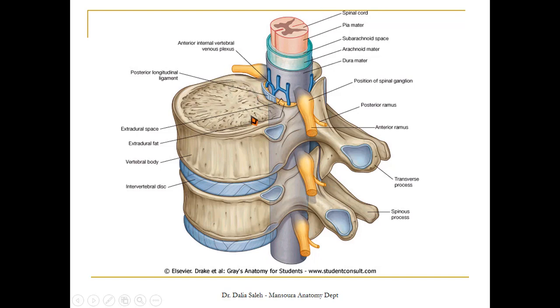So again, this is the final look of the spinal cord and the tissue surrounding it. Here is the spinal cord surrounded by the pia and the arachnoid mater, which are derived from the neural crest cells, and then a layer of the dura mater, which is derived from the surrounding mesoderm.